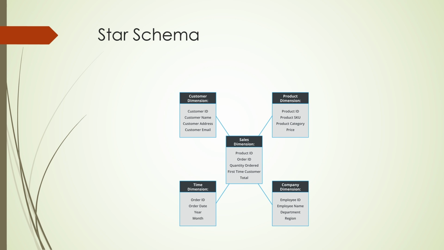In this diagram, the design constraints of a star schema resemble a star, with one centralized table and five dimension tables joined.